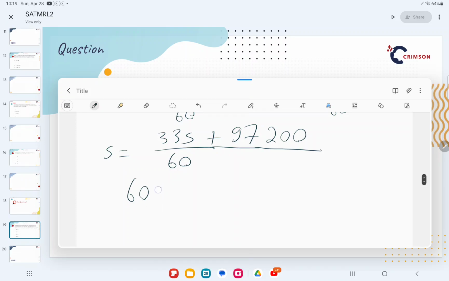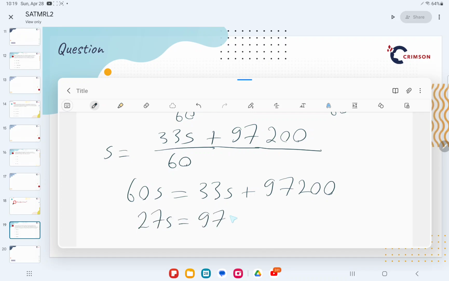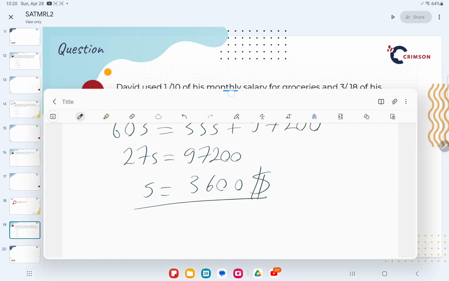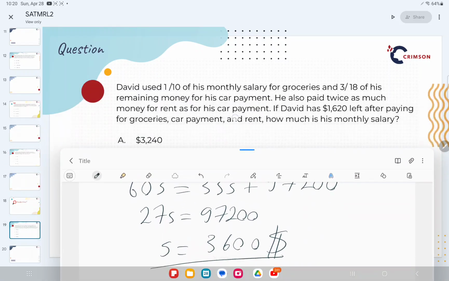So 60S is equal to 33S plus 97200. 60 minus 33, 27S is equal to 97,200. S is equal to 97,200 divided by 27, 3600, which is the salary.